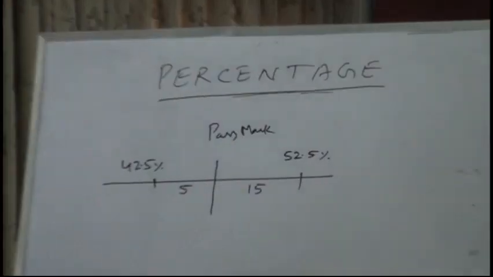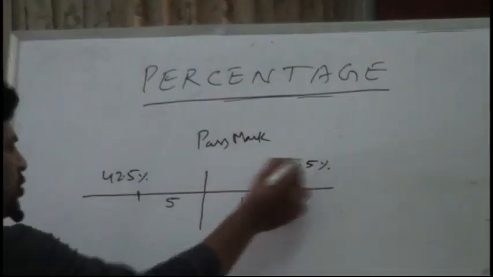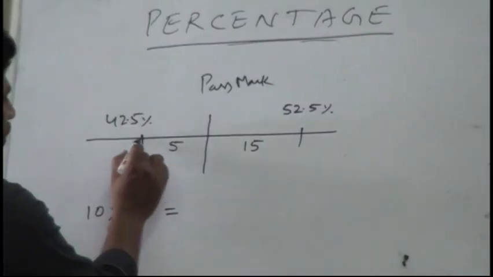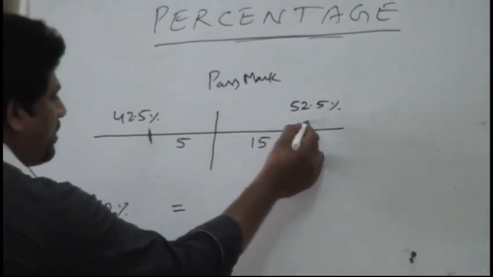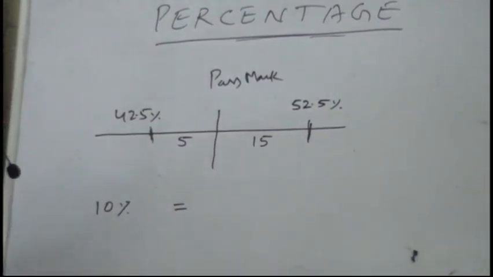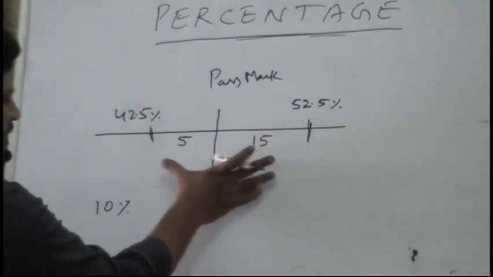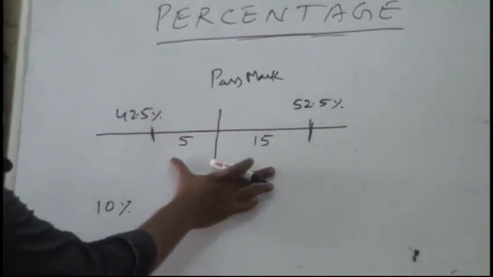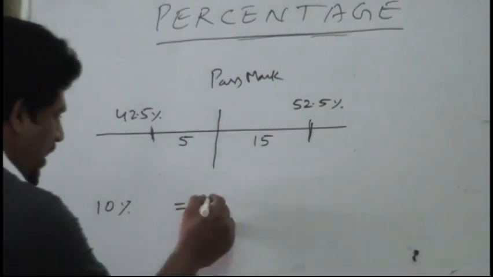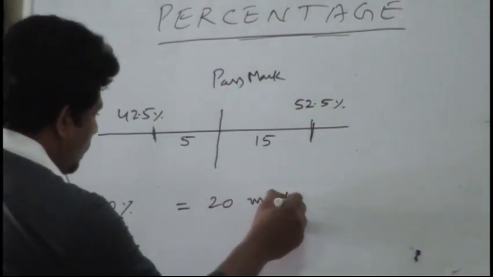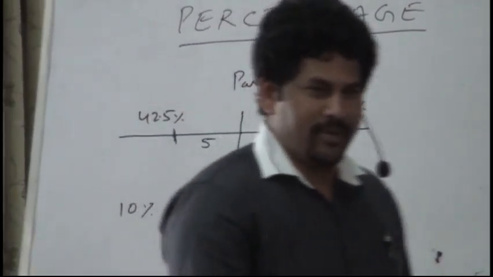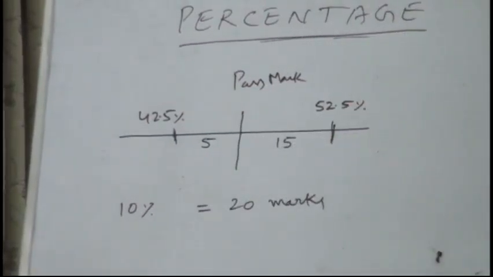Now, the difference between these two is 10%, which is equal to what this gap is, how many marks? 5 plus 15. What is this gap? 20. This gap is 10%, equal to 20 marks. So it is not a 10 marks gap. The marks gap is 20.